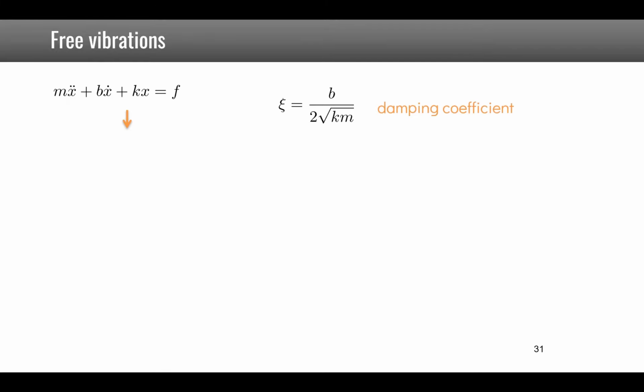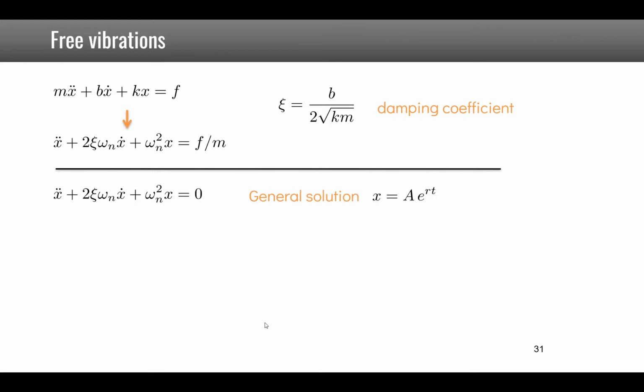Let's first rewrite the equations of motion by defining a damping coefficient psi, which is equal to b over 2 square root of km. So we divide this equation by m, and we find here, for example, k over m, which is omega n squared. And so the equations of motion are now written in this form, where you see the natural frequency omega n and the damping coefficient psi.